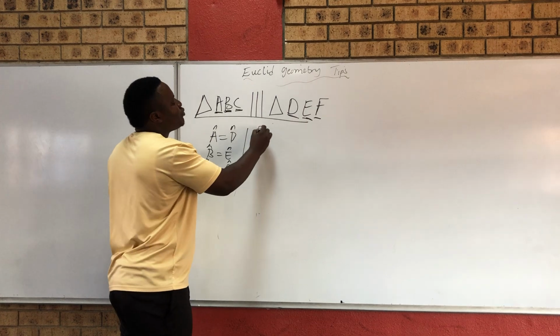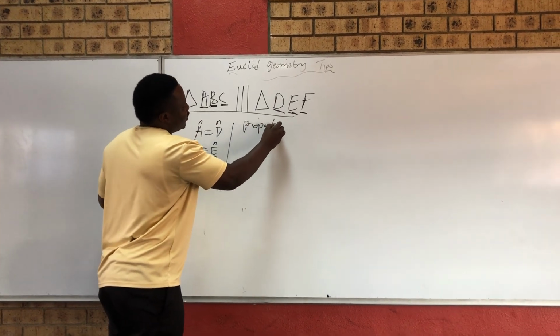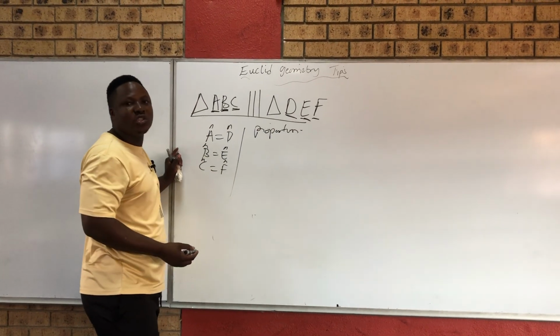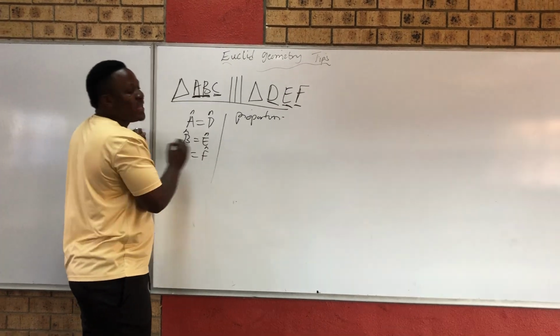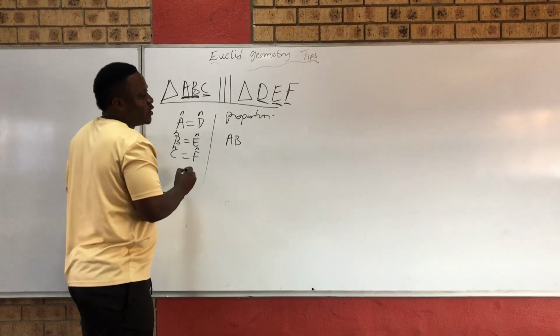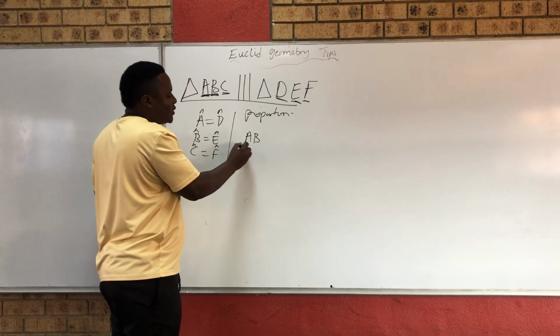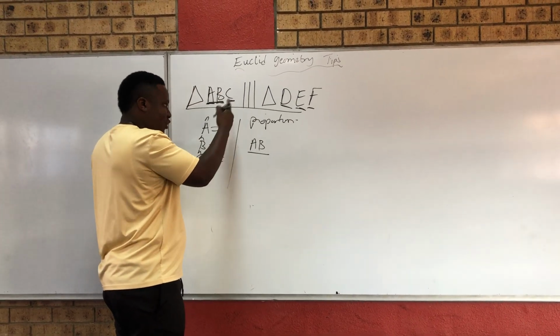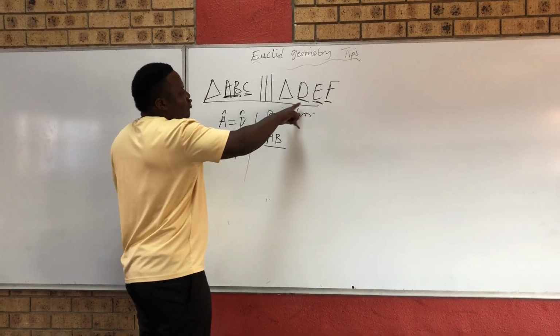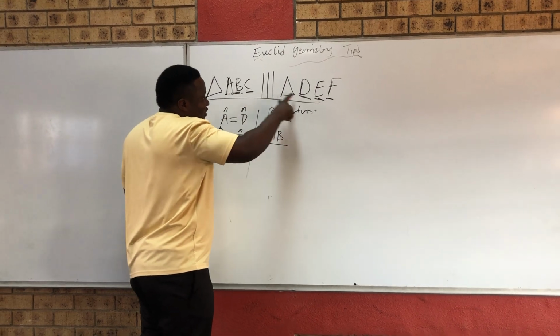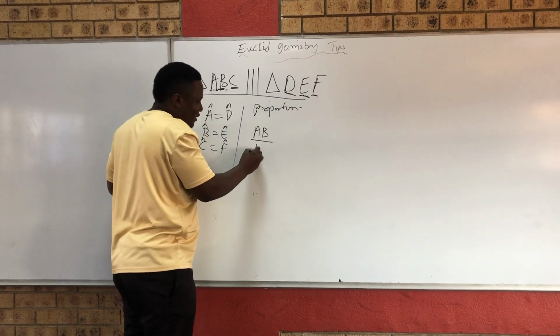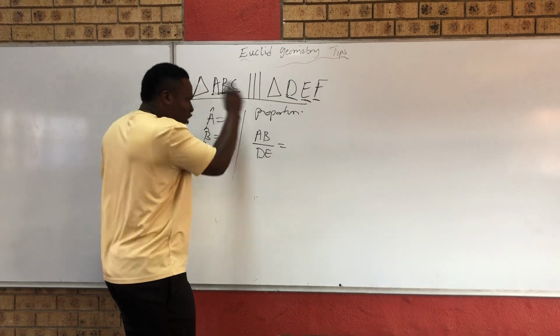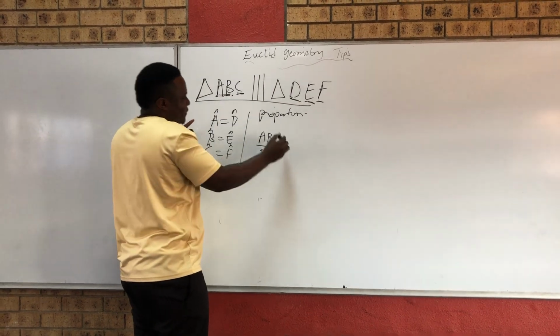You can also use proportions. How do you use proportions? When you have AB, you choose. If you take AB here, you must also take DE, so AB over DE equals another ratio, say AC.